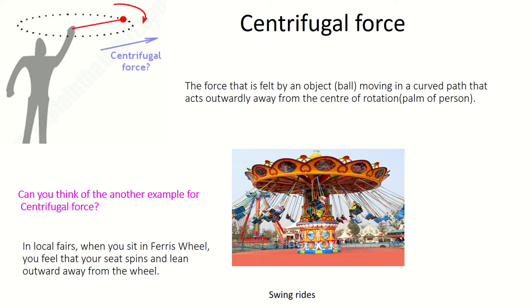Wheel means here the center, the pole which stands there in between. So this is an example of centrifugal force. So I think most of you will try, and whenever you visit a fair, whenever you sit on such types of rides, try to feel the centrifugal force.